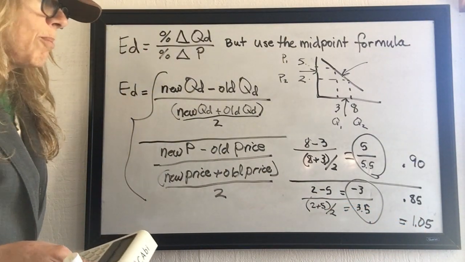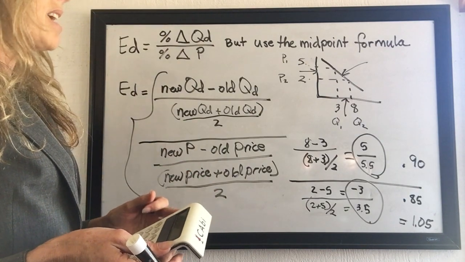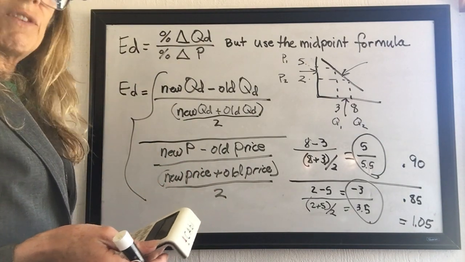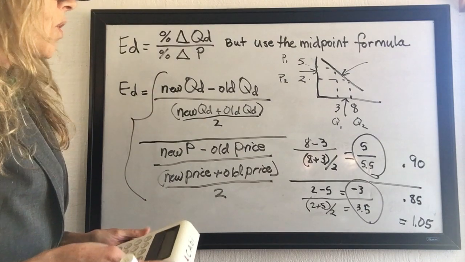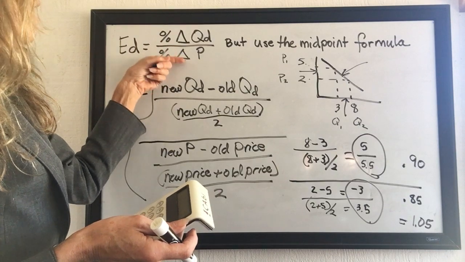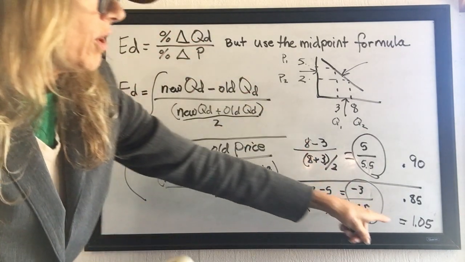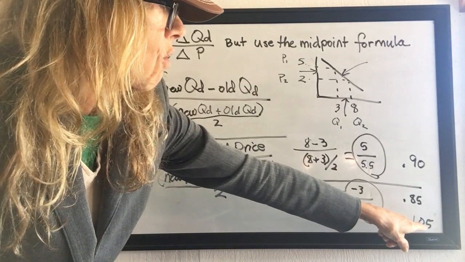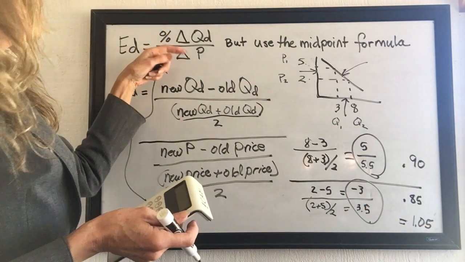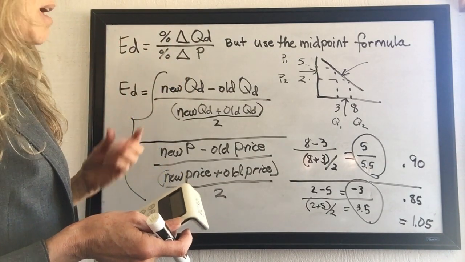And what does that tell me? That tells me that it's pretty inelastic. It's not changing too much for that much of a price change. So what this number says is for every 1% change in price, the quantity demanded is going to change by 1.05%. So it's going up or going down, but not by a lot.